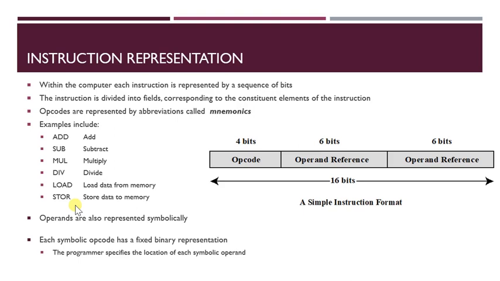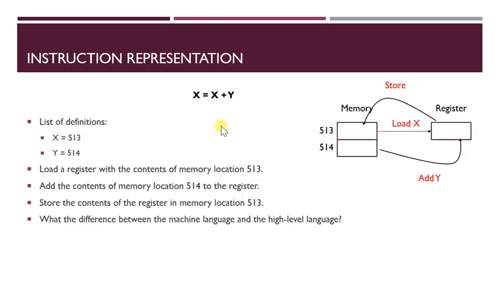The operands are also represented symbolically. Each symbolic opcode has a fixed binary representation, and the programmer specifies the location of each symbolic operand. Now we take a look at this example, the program x = x + y.